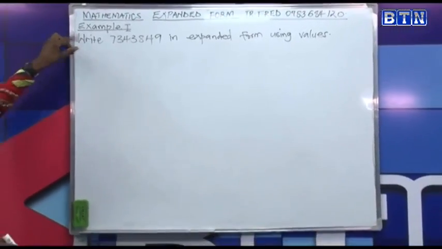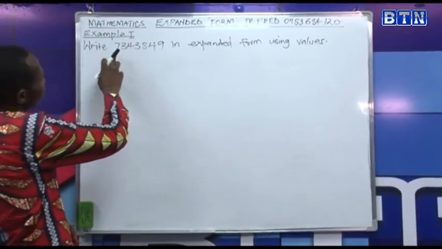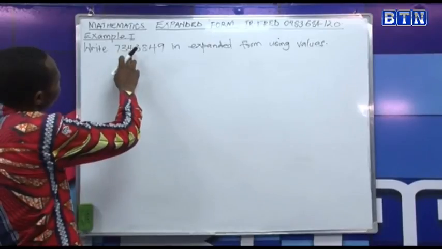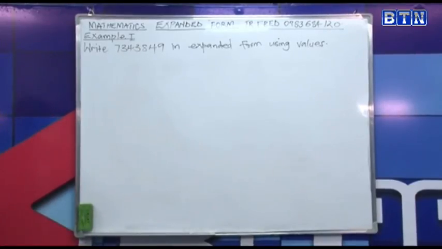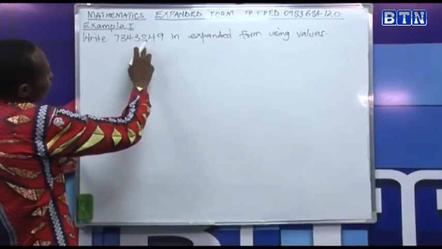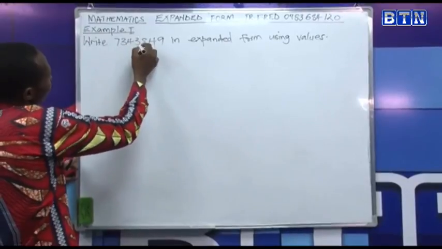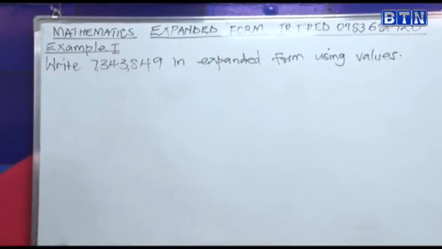The first example on expanded form, they have said, write 7,343,849 in expanded form using values. Let's look at this number here and we'll read it in words. We first put a comma. For those who have been following us, they know what we are supposed to do.